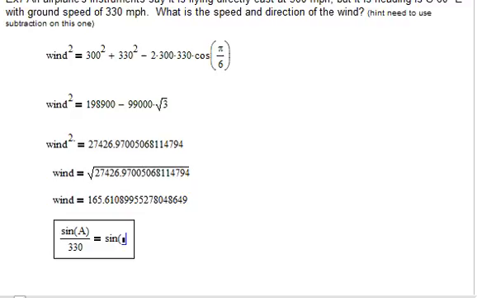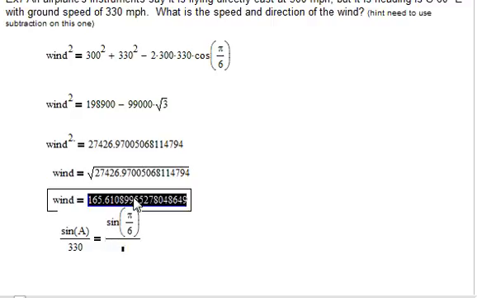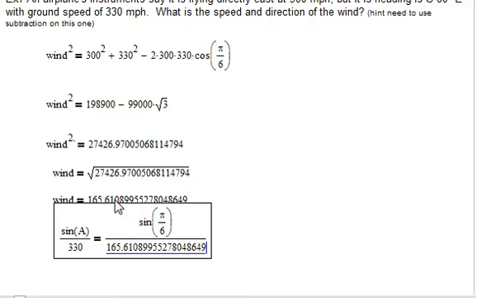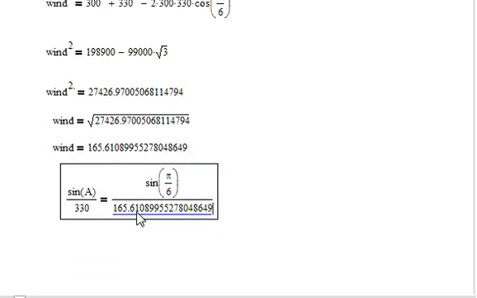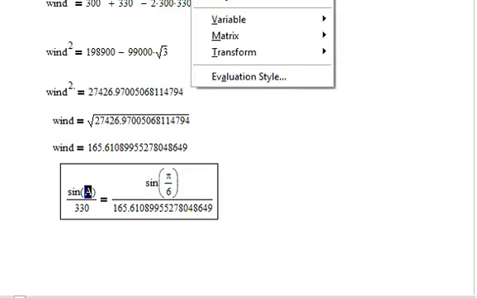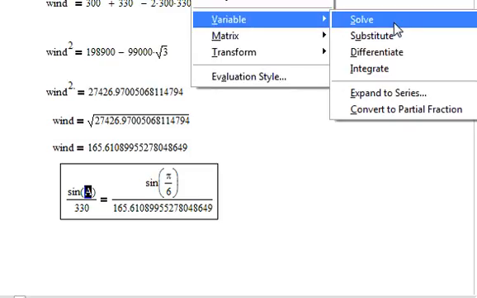But I can't use 30, I've got to use pi over 6, divided by the wind speed, which I'm not going to round off if I don't have to. I'll just copy it and paste it right in there, and that way I won't be doing any harm. So when I go to solve for A, this should work.